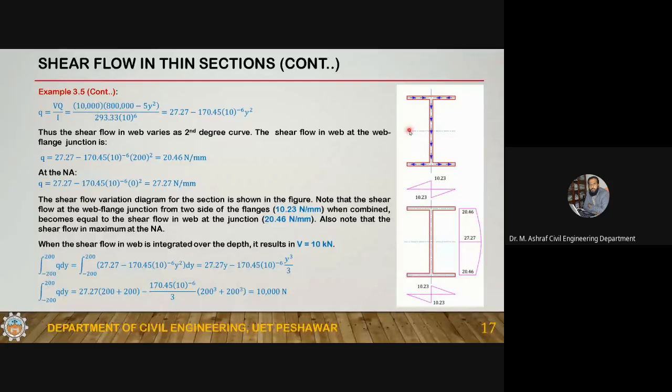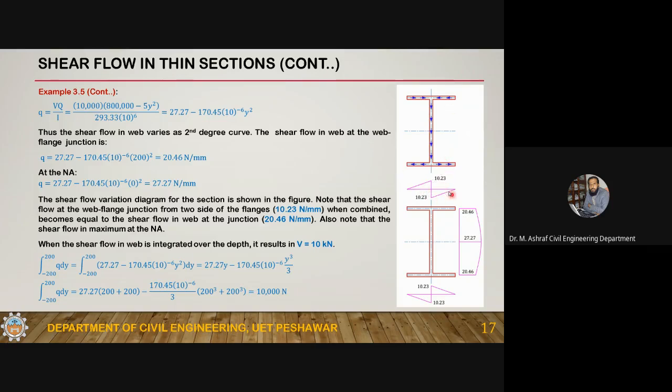So this is for the case when you have an upward shear, because the shear flow will be opposite to the applied shear. So this should be in the upward direction. But if the applied shear is in the downward direction, then these arrows will get reversed, because the resistance is always opposite to the applied, for equilibrium.